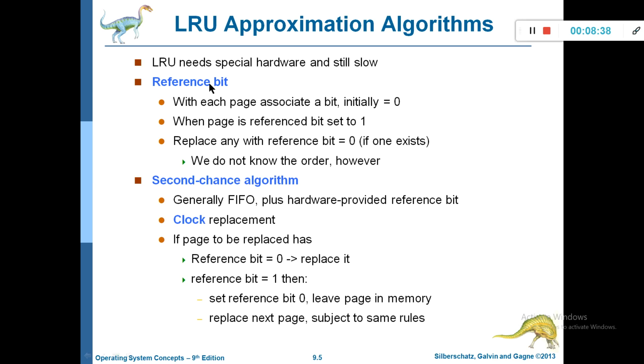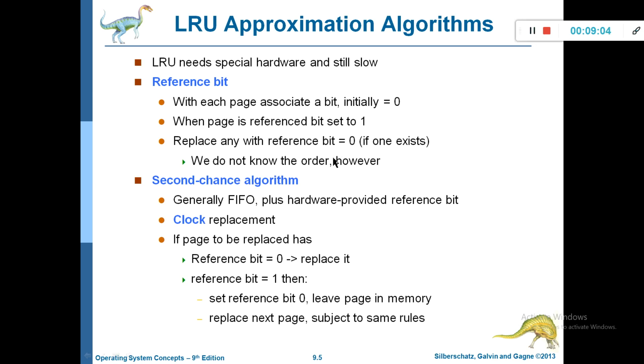This is the one hardware we are using that is added into the memory. With each page, associate a bit, initially equal to 0. When the page is referenced, the bit is set to 1, and replace any page with reference bit equal to 0 if one exists. We do not know the order, however.